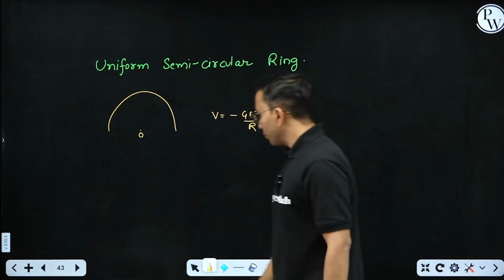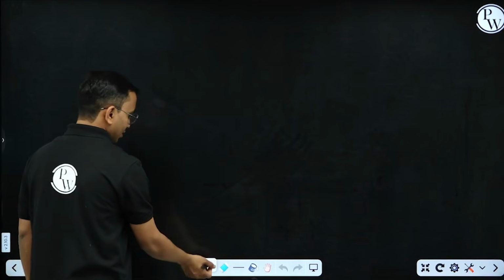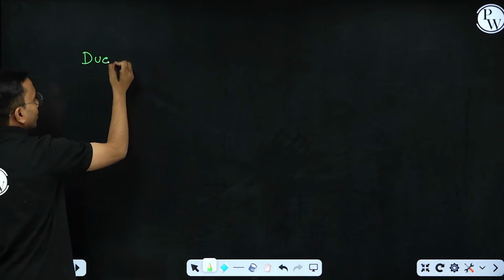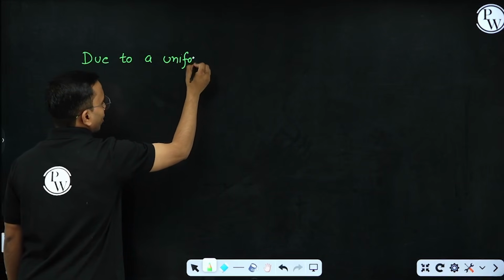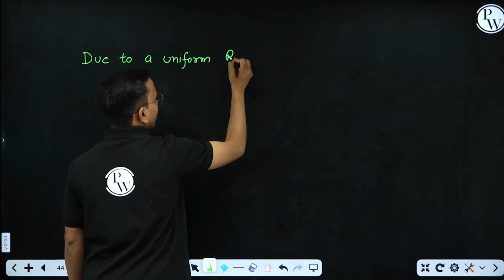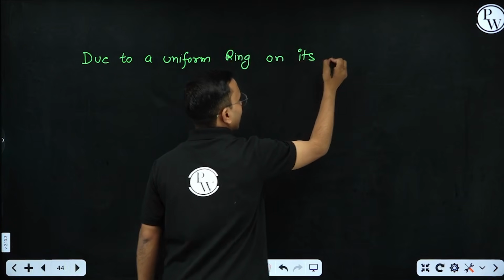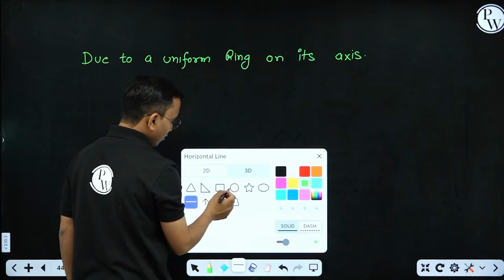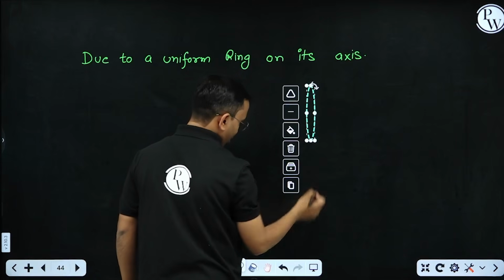Now let us write potential due to a uniform ring, on the axis of the ring. So you consider a uniform ring like this, not a dotted one.